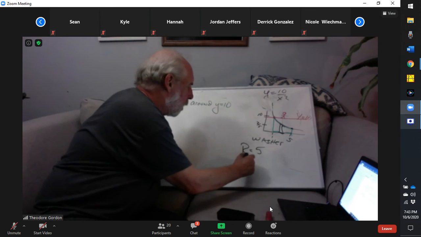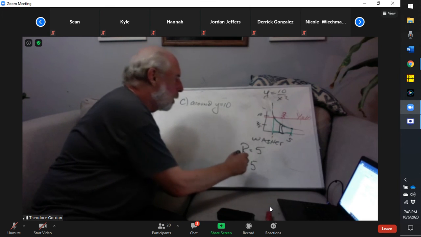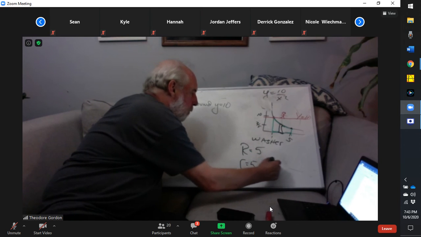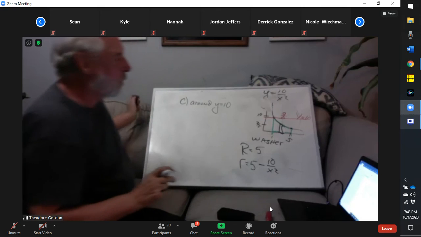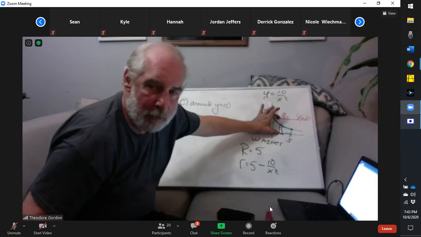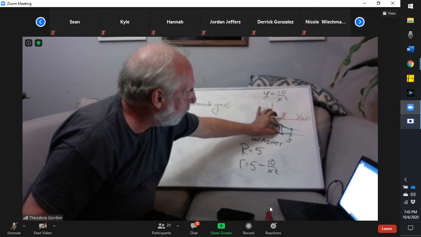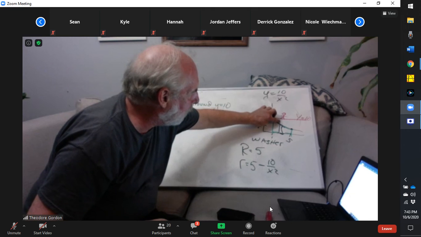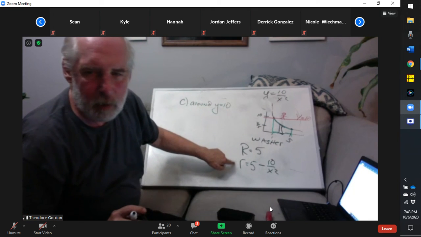So little r is 5, and then take away the function. That's little r. This distance is 5. This distance is the function. So if you take that away, you're left with that little dotted line, which is the radius of the hole of the washer.